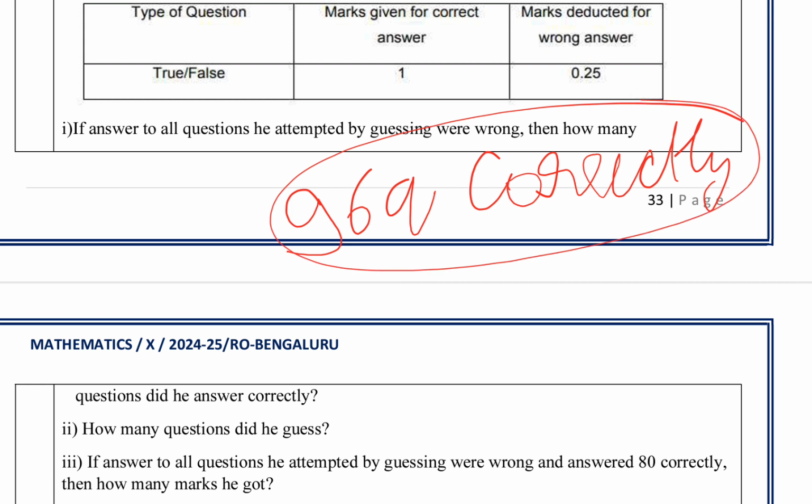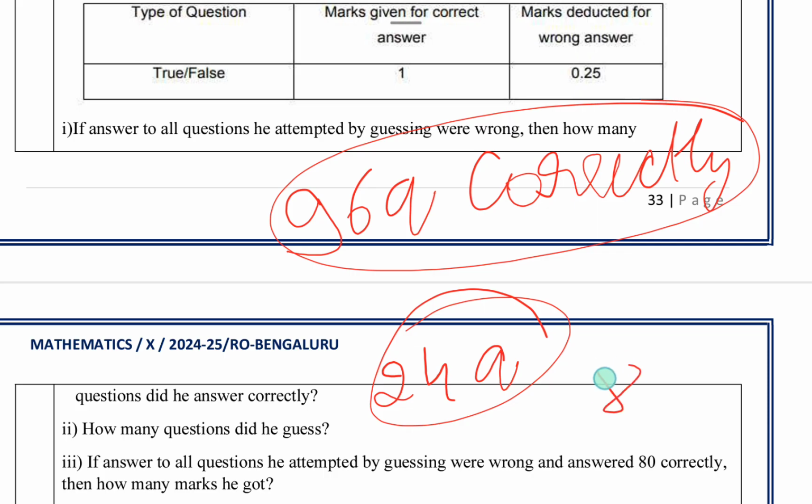Then how many questions did he guess? He guessed 24 questions and the marks obtained is 80 minus 1 by 4 into 40 equals to 70.